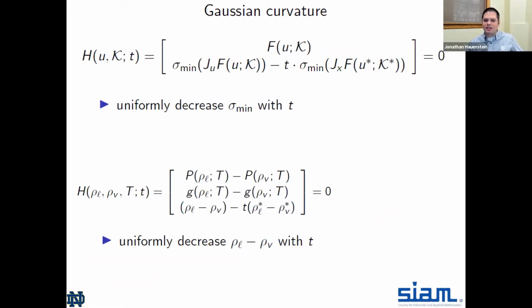Okay, to summarize, we use 2 different kinds of homotopies here. The first one, with this constant Gaussian curvature, was uniform in this minimum singular value. So the t uniformly decreased this minimum singular value. In the problem when we were studying chemical engineering, the t uniformly decreased the distance between these densities.